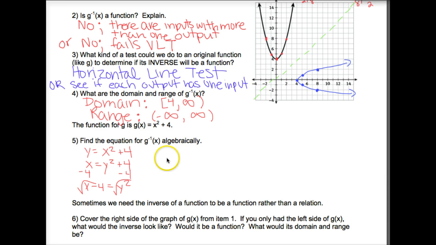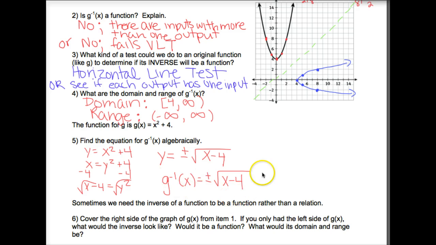So, I've got y equals plus or minus the square root of x minus 4. Last step is to replace the y again and put it back in function notation. So this time it's the inverse. So g inverse of x equals plus or minus the square root of x minus 4.